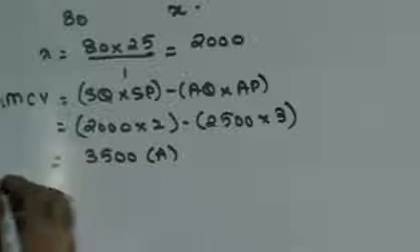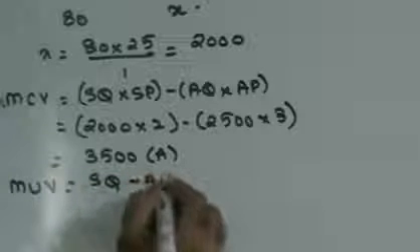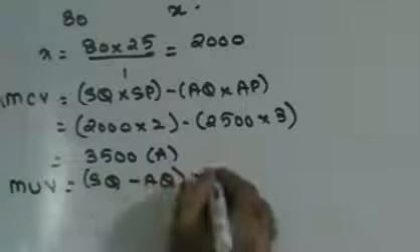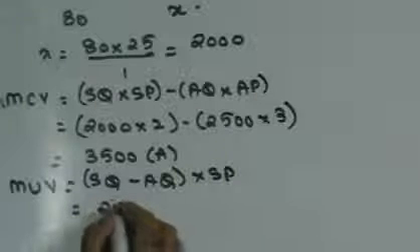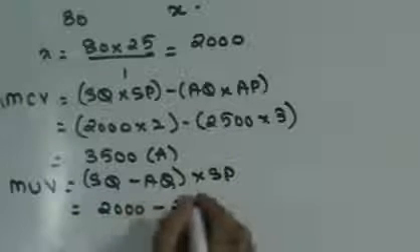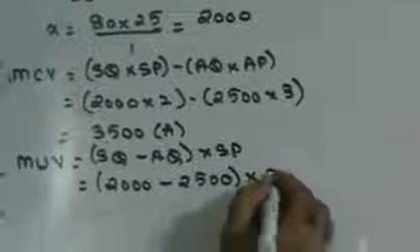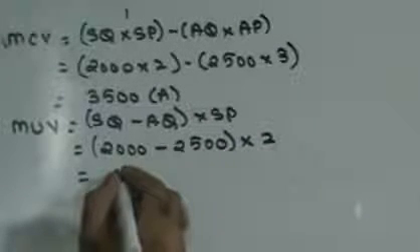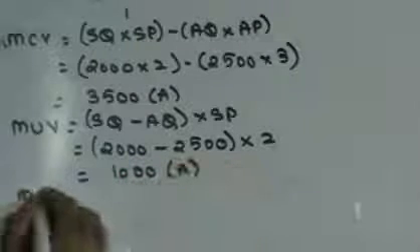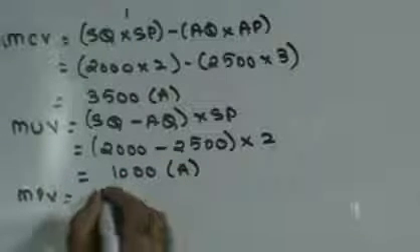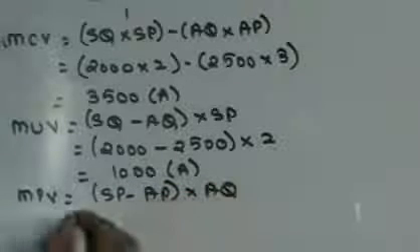Then you have MUV, material usage variance: standard quantity minus actual quantity into standard price. So standard quantity 2,000 minus actual quantity 2,500 into standard price 2. This is going to be 1,000 adverse. And MPV, material price variance: standard price minus actual price into actual quantity.